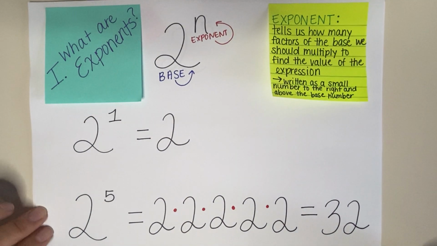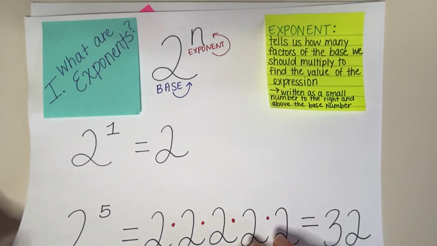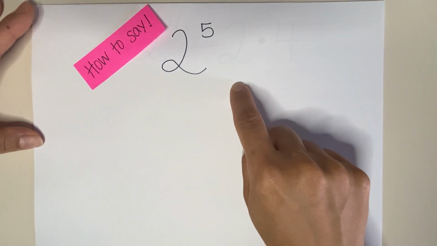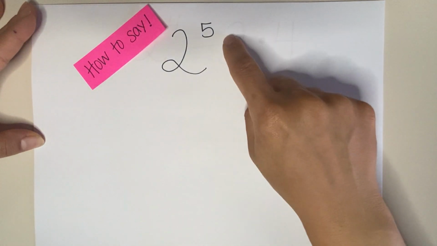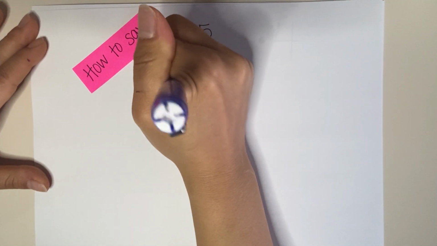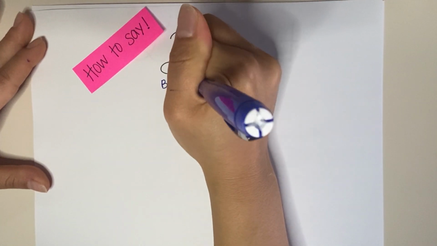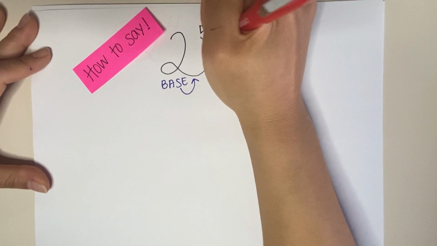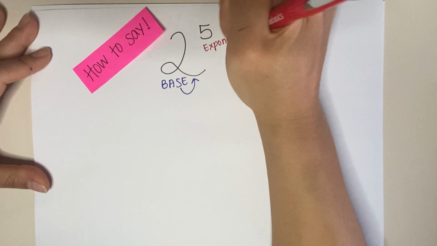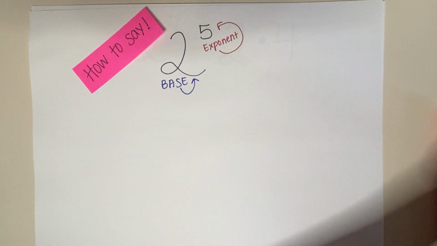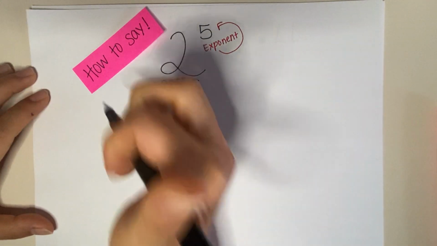All right, so you might be wondering, well, how do I say exponents? There are 3 ways we can explain this. So again, we have our base of 2 and we have 5 as our exponent. Let's go ahead and label those. So here's our base. Then 5 is my exponent. So 3 ways we can say it.